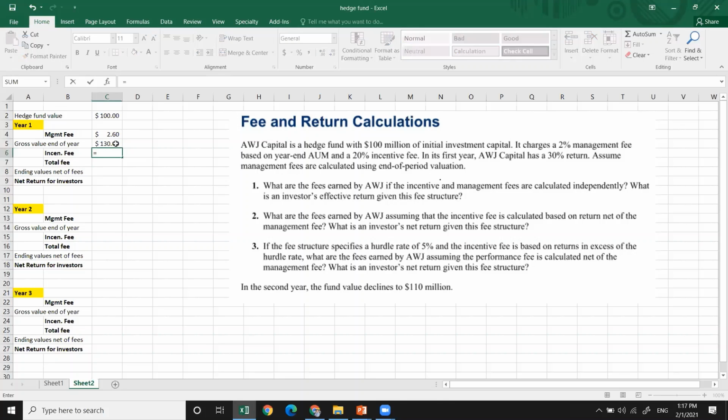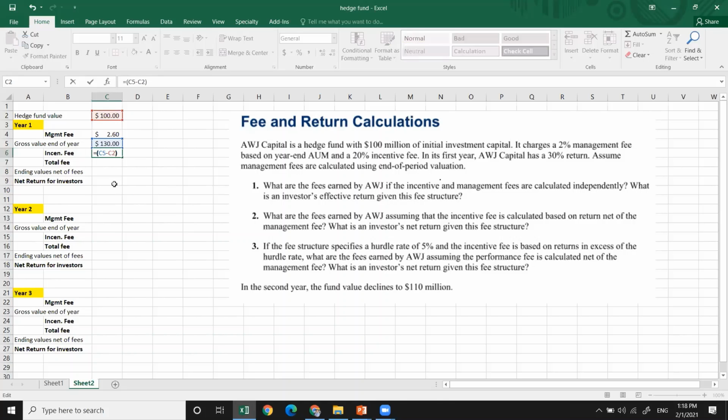We should subtract the initial value from the gross value: 130 minus 100. And minus the management fee? Wait, it's estimated independently, not net of management fee. Just multiply by 20%, right?